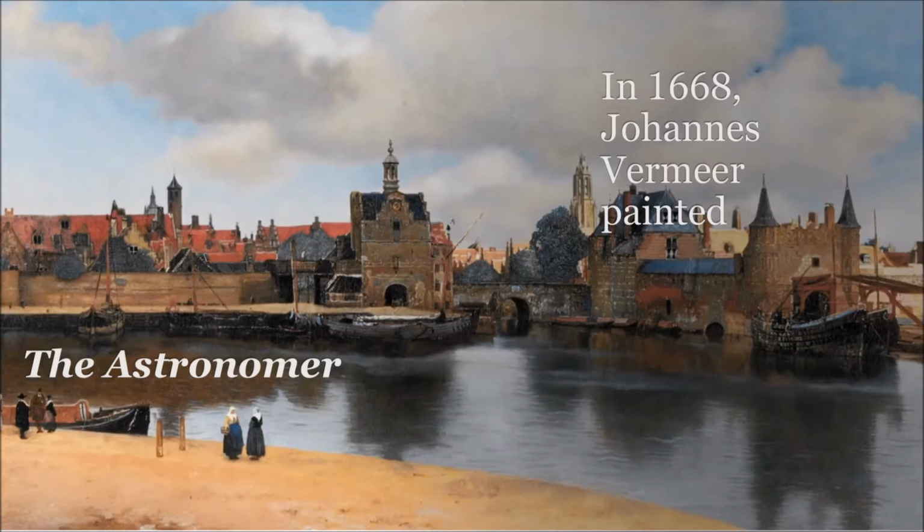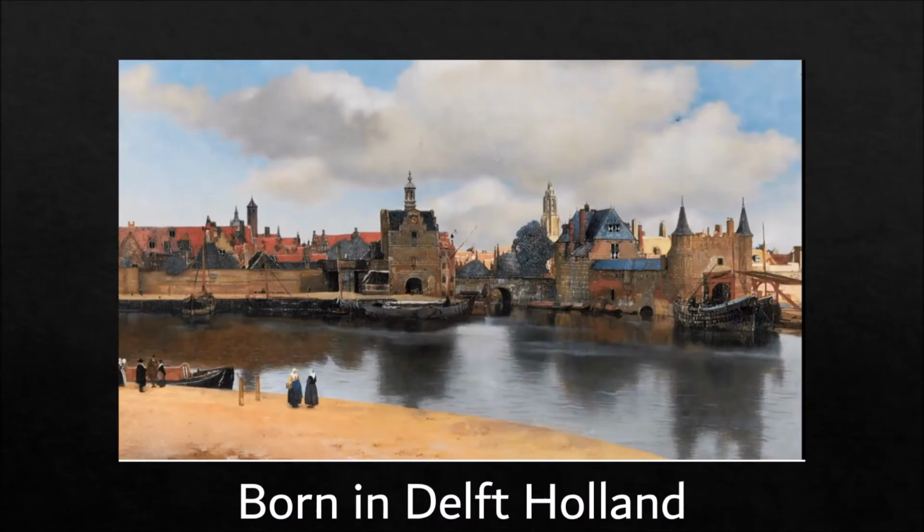The painting that you're looking at right now is not the particular painting that we're going to look at on the next slide, but in reality is a painting of his hometown, Delft, Holland.